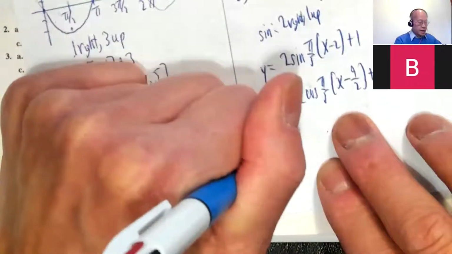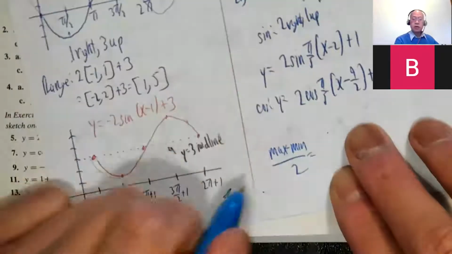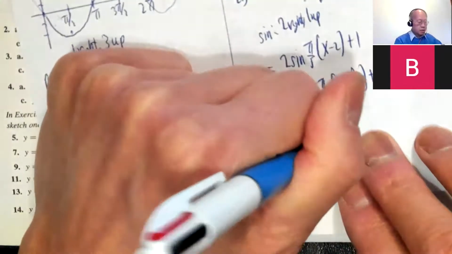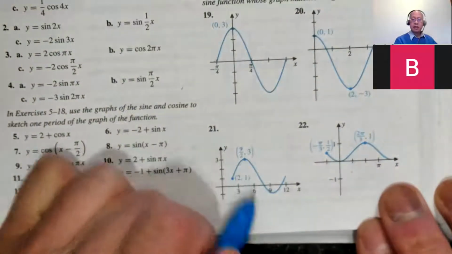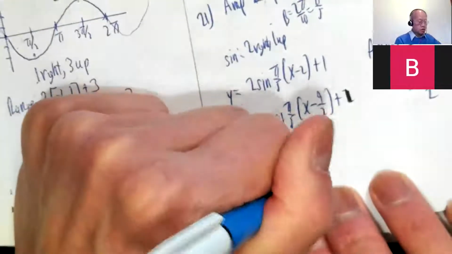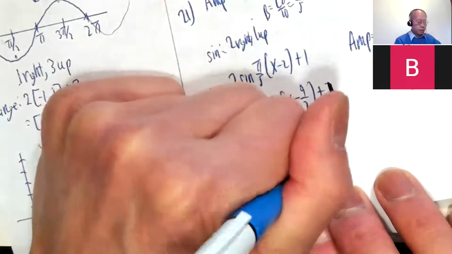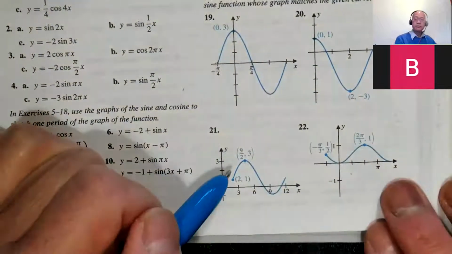So if I go max minus min divided by 2, the maximum was 3, the minimum was negative 1. Divide that by 2. That's 4 divided by 2, which is 2. So my amplitude is 2.